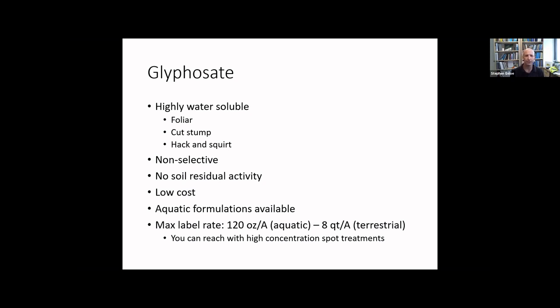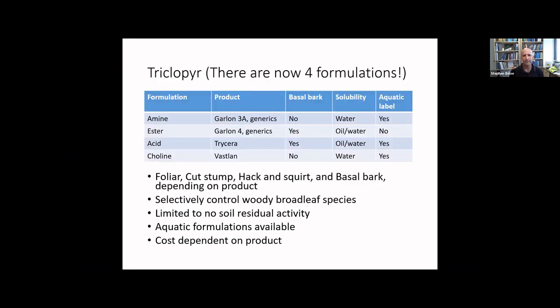With aquatic formulations and a good maximum label rate of 1.2 in aquatics to 2 gallons on terrestrial, you got quite a bit of range there for foliar type treatments. Now you can push that max labeled use rate as you get into the high concentration spot treatments, and it's very important to remember that. Generally though, non-selective, but can provide very good activity on a whole lot of our troublesome species.